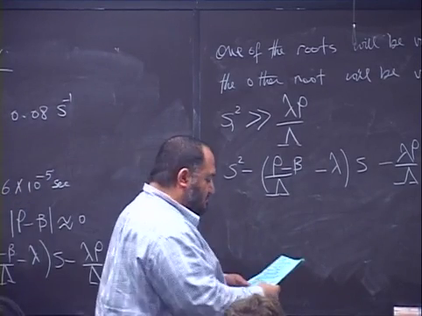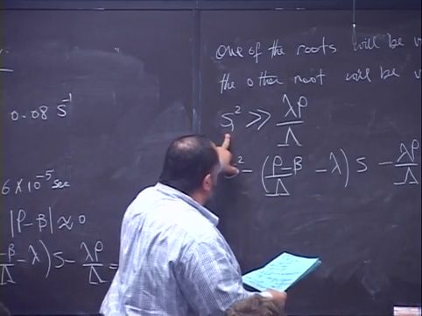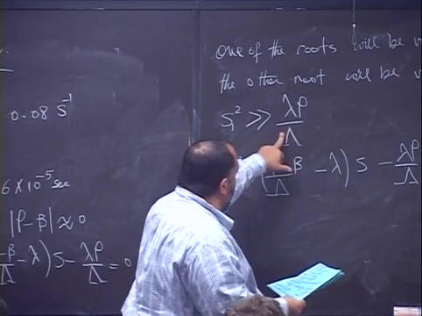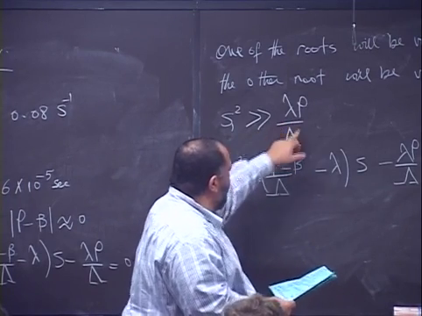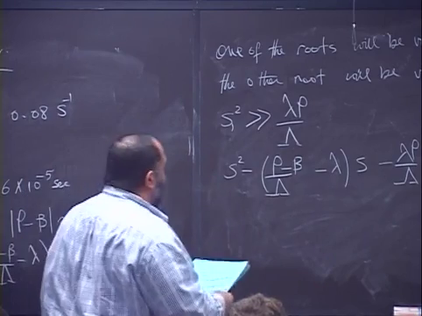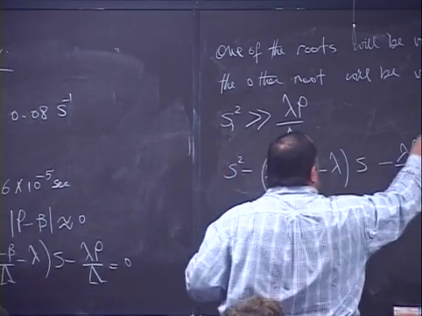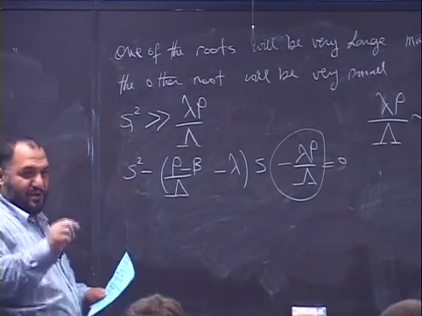So if our first root is way too much greater than lambda rho over gamma, we can neglect this term for S1.